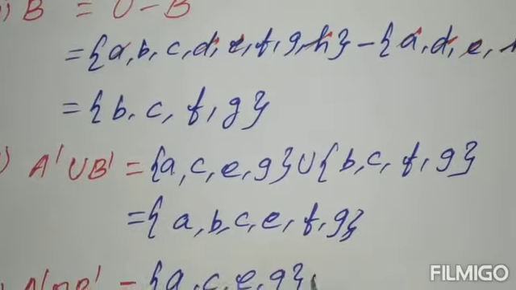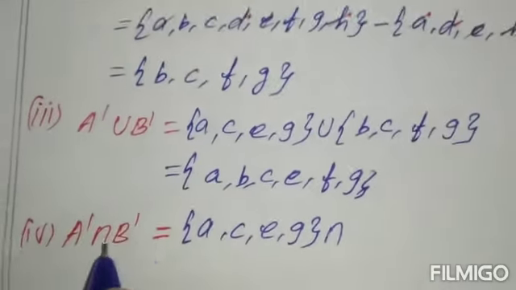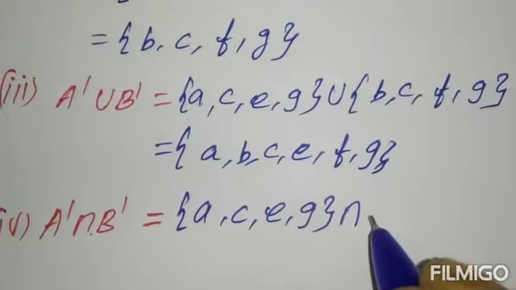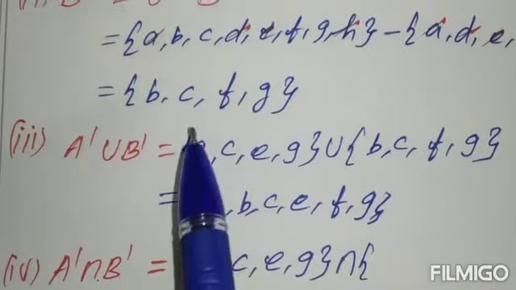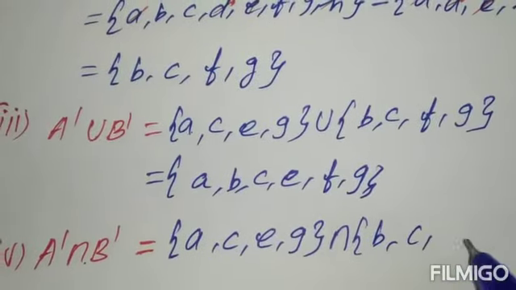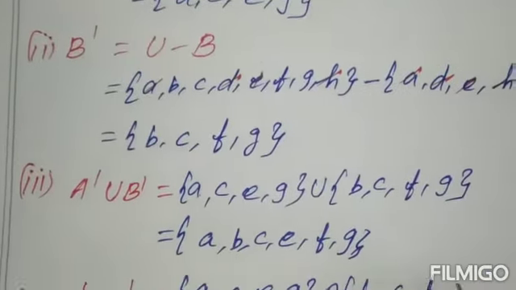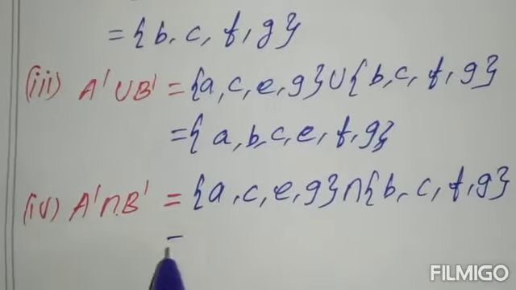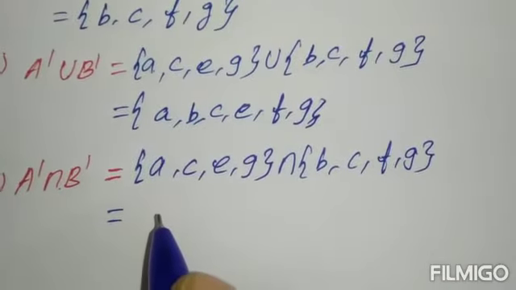Next, intersection. The elements of B complement are B, C, F, G. So now we have to write the common elements in both sets.